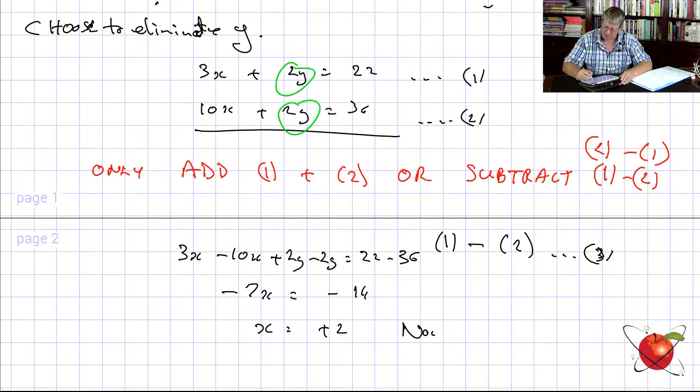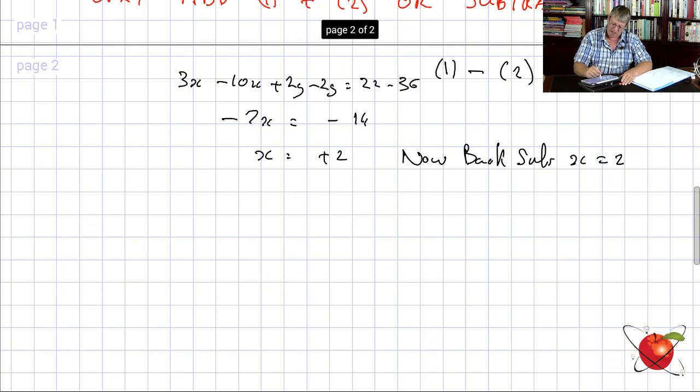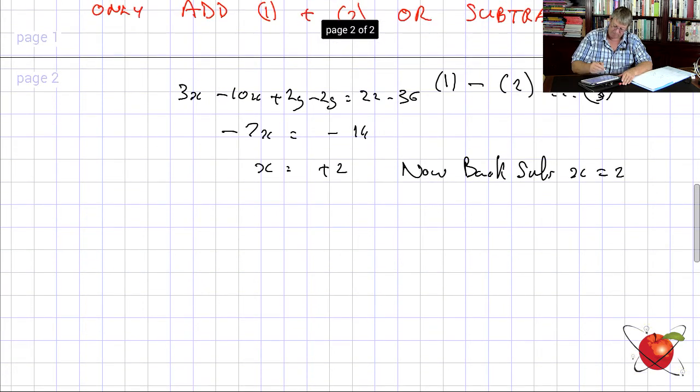Now back substitute x equals 2. What do I mean? Well, as always, go to any of the equations that you've got. Let us take 3x plus 2y equals 22 and solve for y.